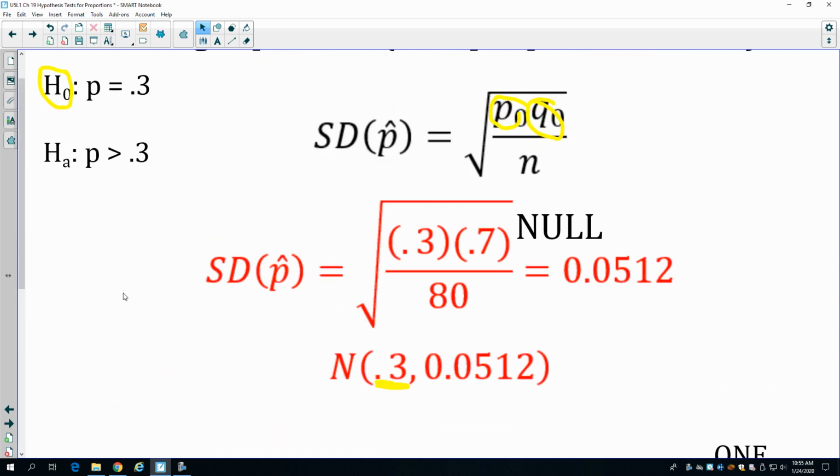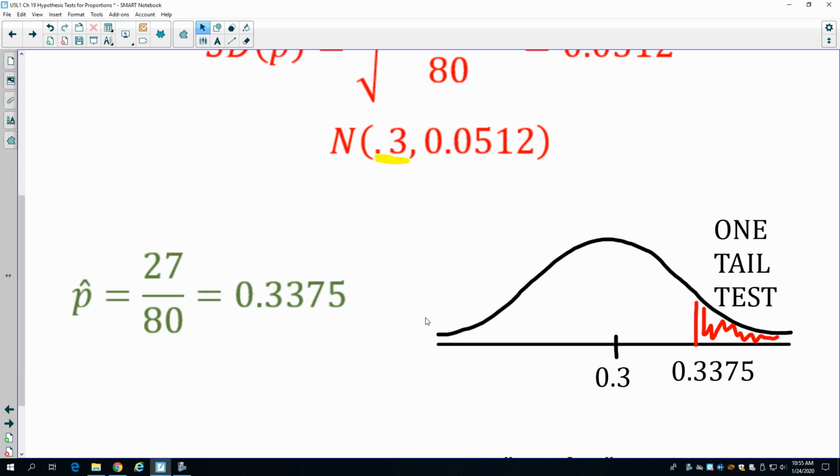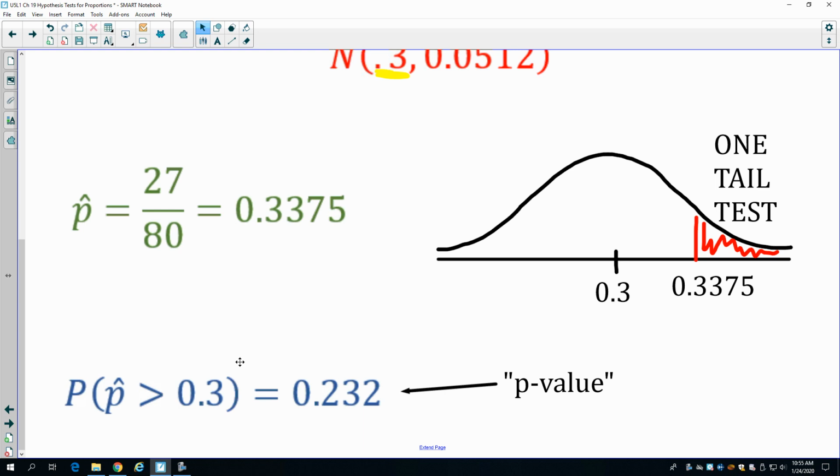And our alternative hypothesis was greater than. So we have what's called a one-tail, right-tail test. We want the probability that our sample proportion is greater than 0.3375. So we can do a 2nd VARS normalcdf like we have been doing.